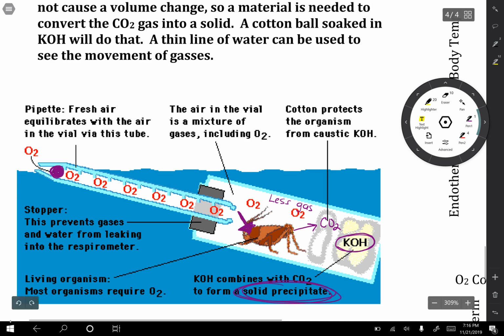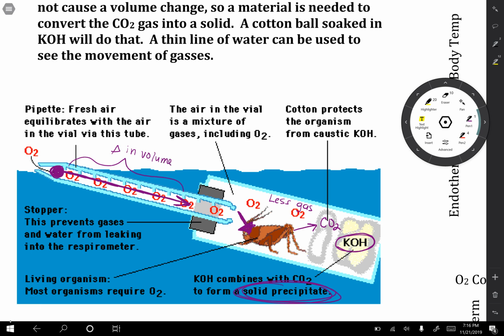So what happened was, this little droplet of water began to move down this little ruler, or this little graduated cylinder. And what you were able to do was measure the change in volume. In this case, the change in volume was oxygen.